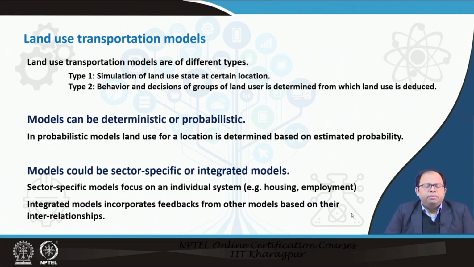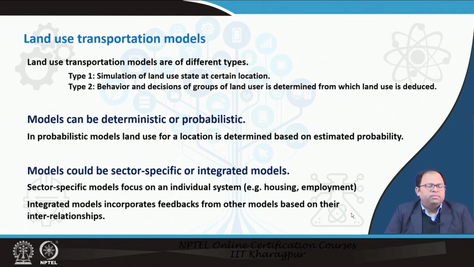And the second type is to determine the behavior and decision of groups of land users from which the land use is deduced. That means based on the behavior and decision of different groups which actually use the land, we determine what sort of land use they are choosing, or buying, or renting.